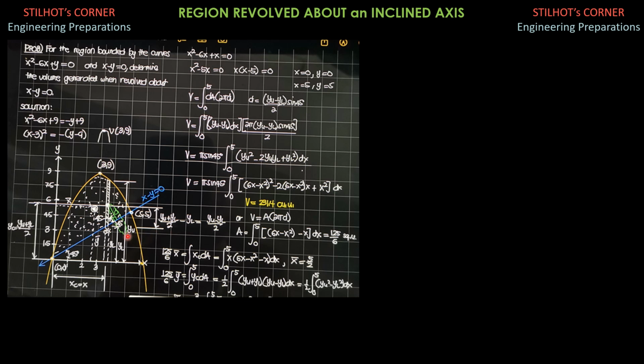And since the coordinates of this centroid is y sub c equals upper y plus lower y over 2, then this is lower y. Therefore, half of the height of this rectangular strip must be equal to this height.